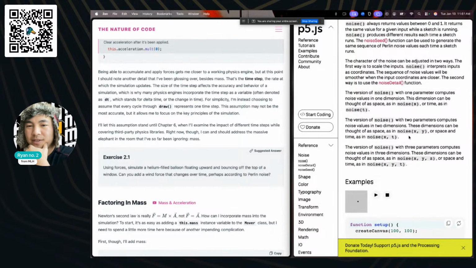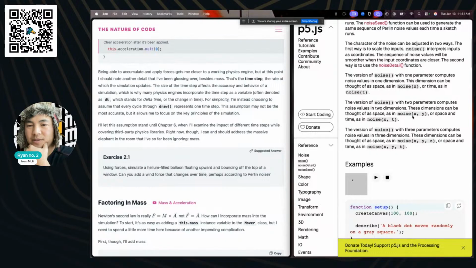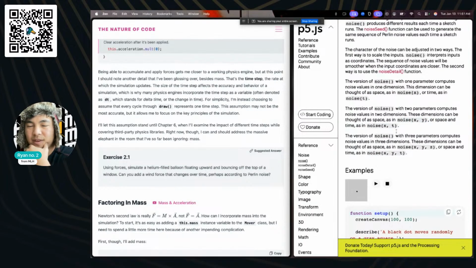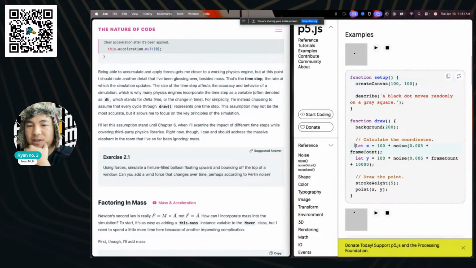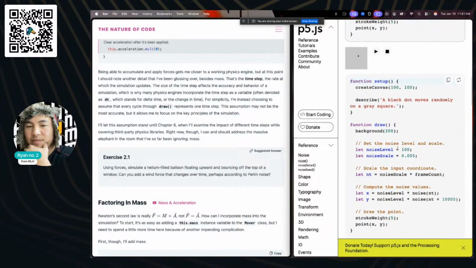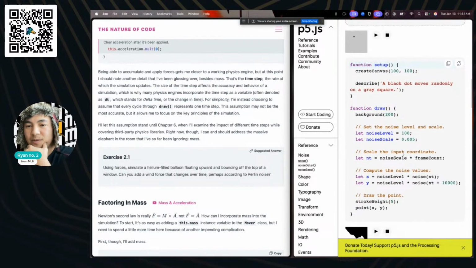We have x and y, or sometimes space and time instead of 2 dimensions. I believe in order for us to do this, let's see, calculate the coordinates times frame count plus 1,000 or 10,000.